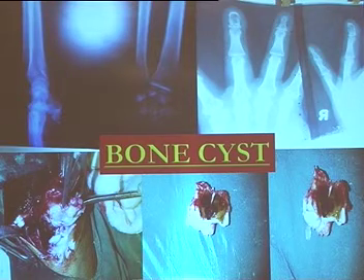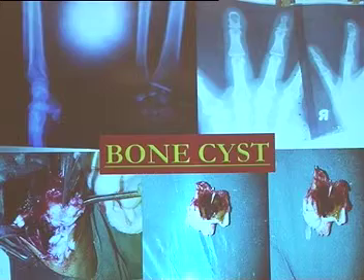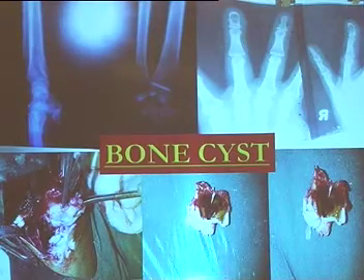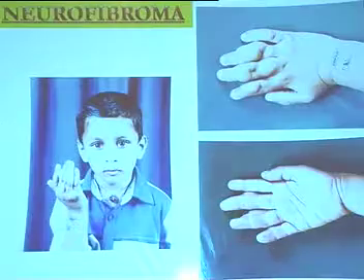The bone cyst is a very rare tumor. We have two cases, in the distal end of the ulna and the tip of the index finger. Neurofibromatosis, traumatic and non-traumatic, is also noted. We had a patient with trauma followed by a neuroma, and we treated with excision.